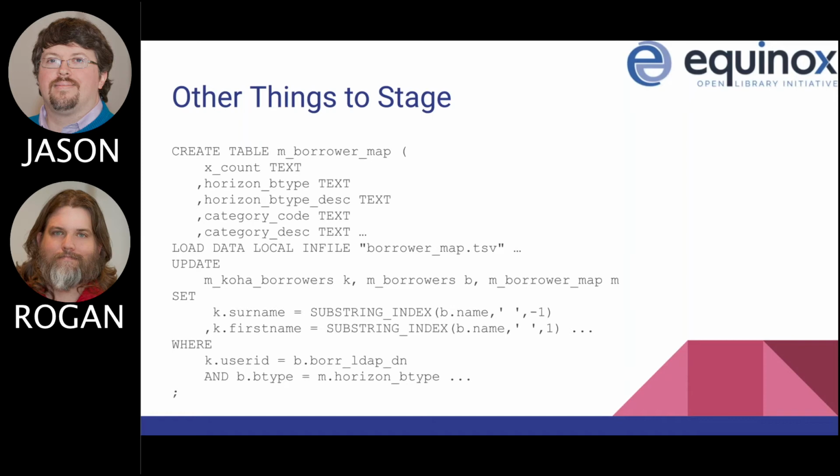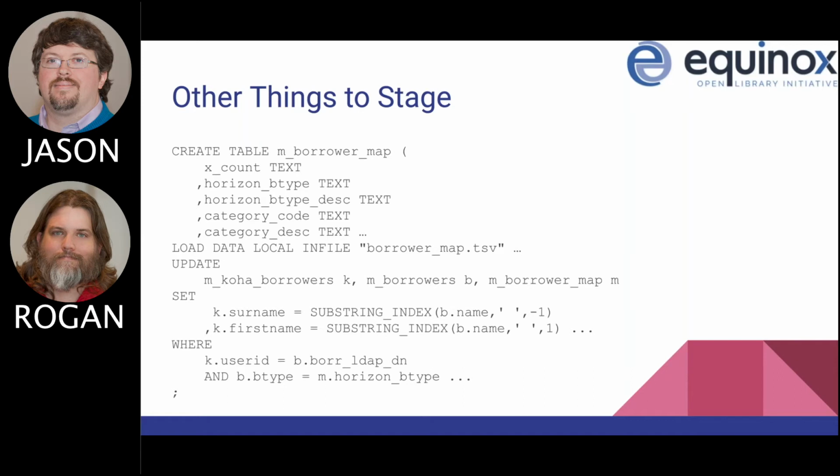So we talked about hard-coded mapping, but at least for the migrations we do, we often give the libraries an opportunity to determine exactly how they want things to map. So there's a bit more data-driven or soft coding going on here. We usually give them spreadsheets, and then they can pick and choose how they want to, especially with consortia, map your legacy data into specific values.